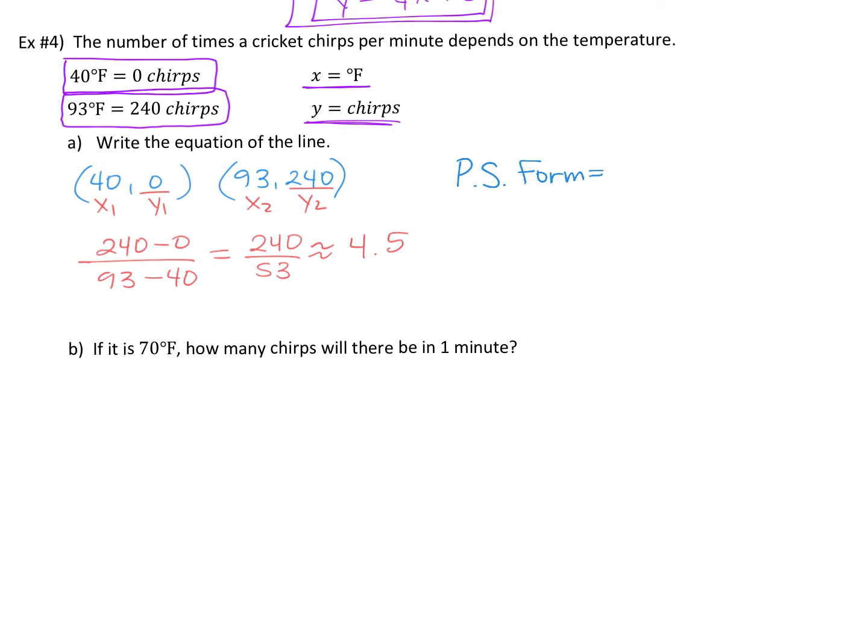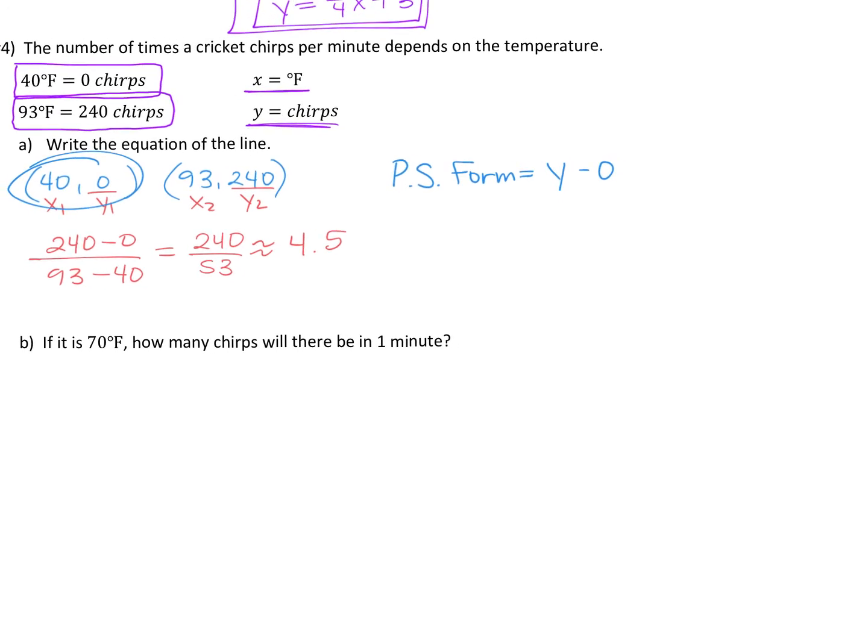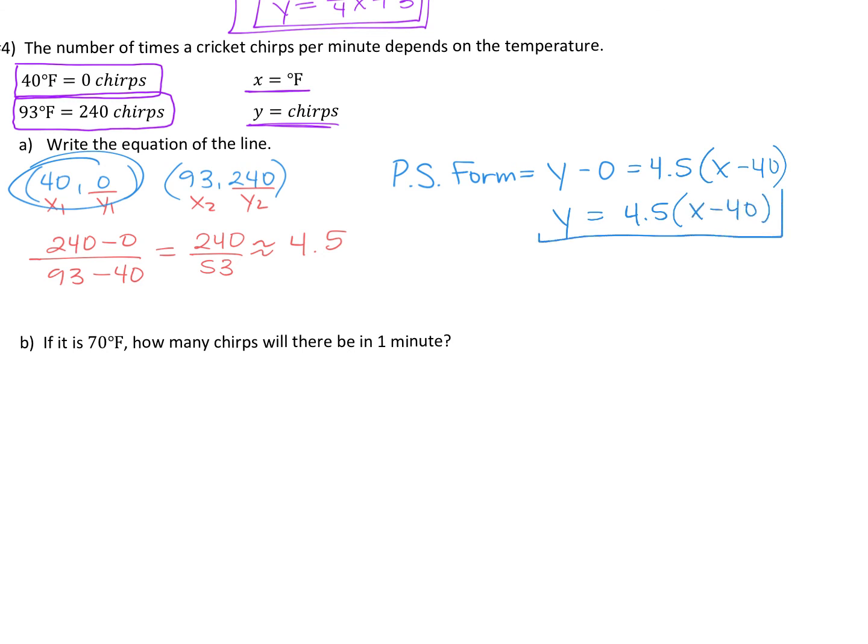The first one is way easier, right? Way better numbers. So I would use this point, y minus your y value equals 4.5 times x minus your x value. Okay, so point slope form would be y equals 4.5 times x minus 40. Okay, that's your point slope form.